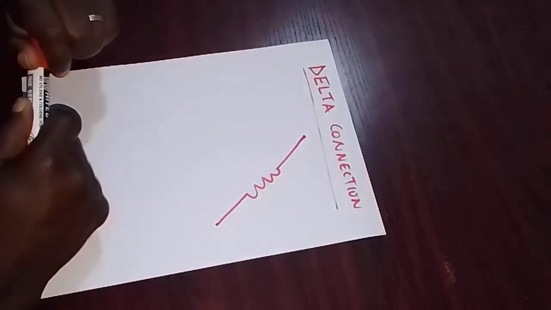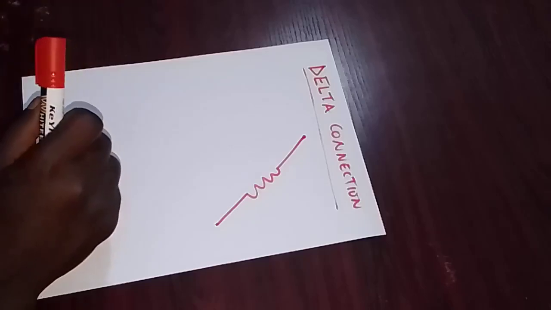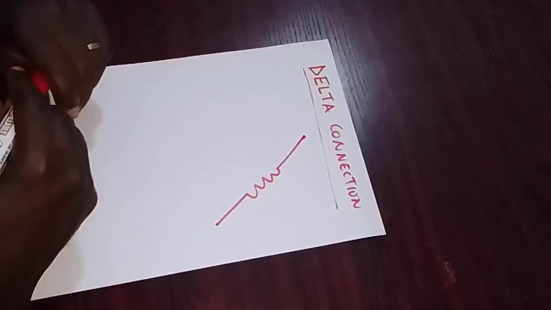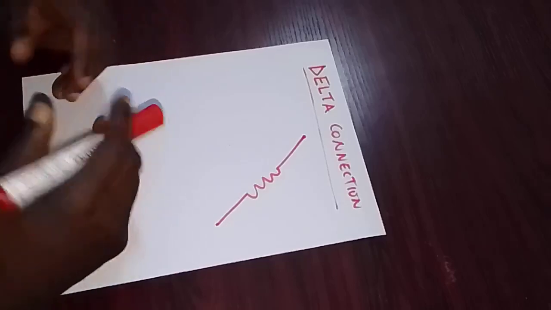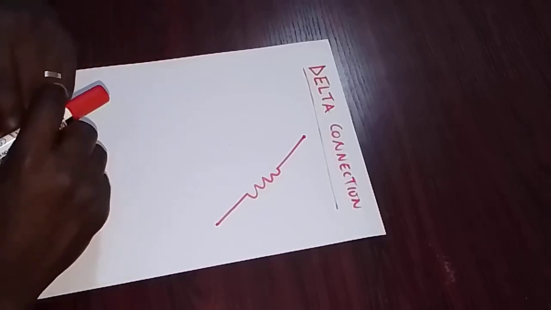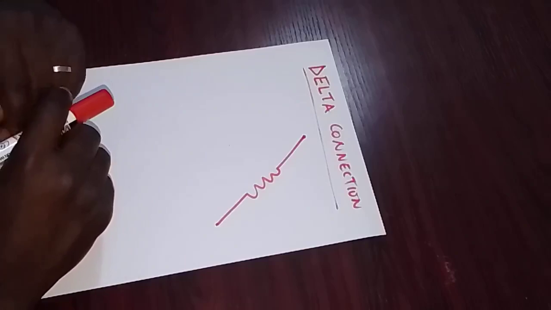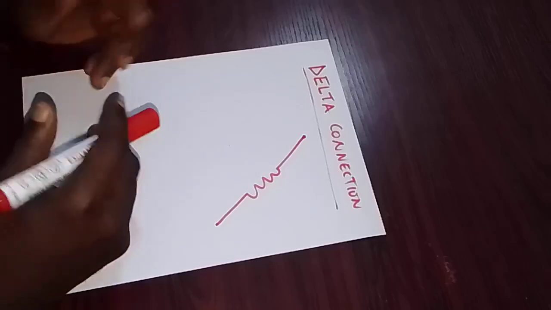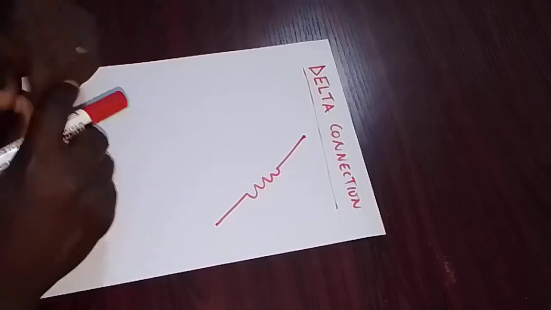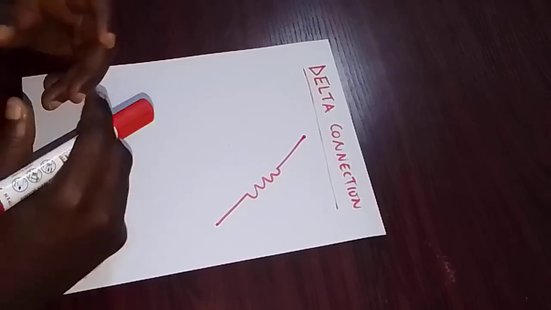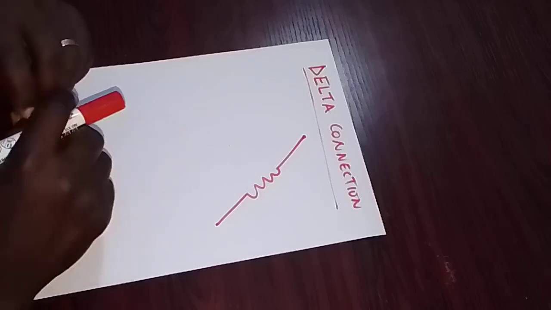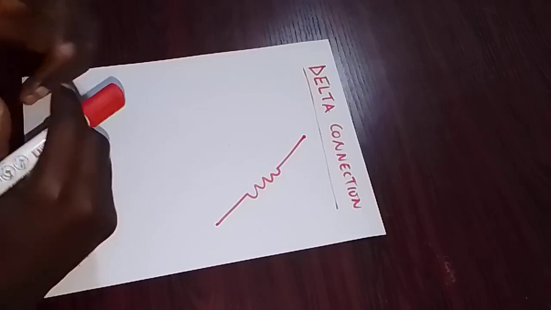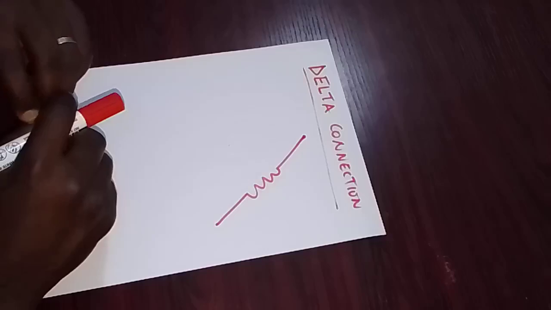For these windings, we're going to be using the letters U, V, W to represent each winding. That is the standard used for the labeling of these windings. It is a universal standard in such a way that irrespective of your location, when you come across a winding or windings in delta connection, you know what that symbol means, or the alphabet used to label a winding.